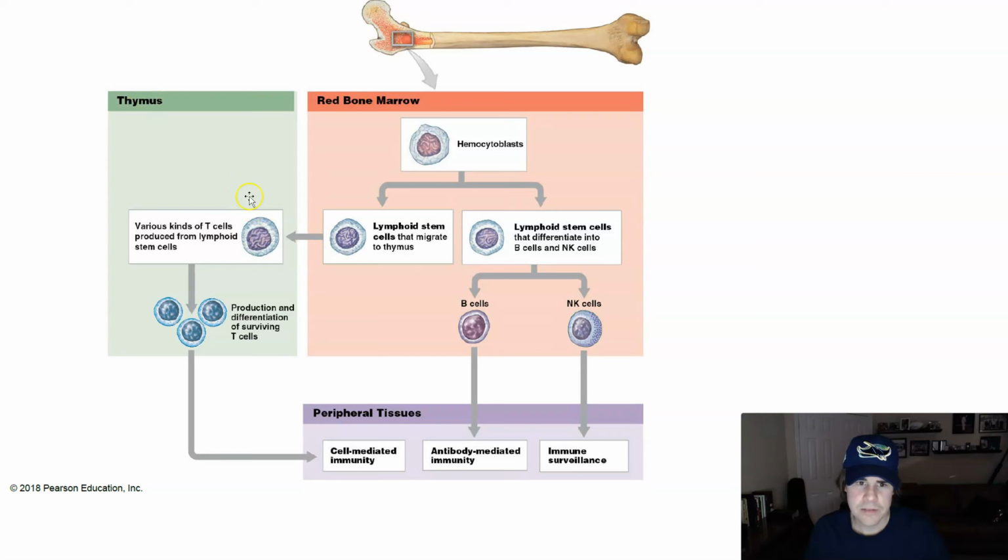The T cells are created or helped to specialize in the thymus, hence the name T cells. B cells are antibody mediated and NK cells are your surveillance. T cells are cell mediated, so they attack cells, versus antibodies. Those three types of cells you need to know the difference of.